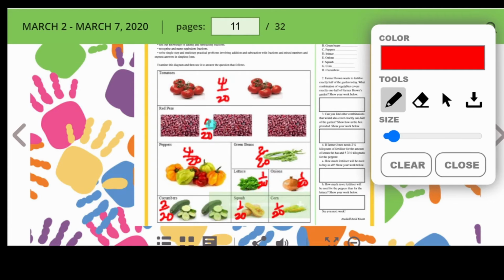We have 4 and 4, and that would be 8. 8 and 4, 12. 12 and 2 would be 14, right? 14 and 2 for the cucumbers now, that would be 16, 17, 18, 19, 20. So this shows that we have the correct bottom number of 20, and we can show how each section of the garden is divided appropriately. So we have found the equivalent fraction for each part of the garden.